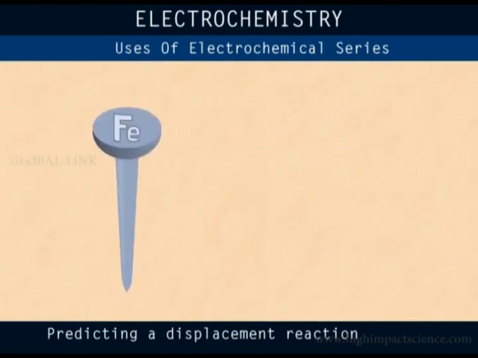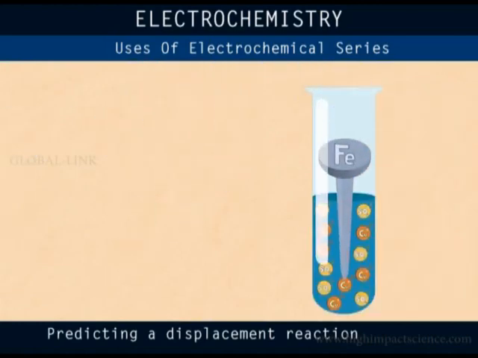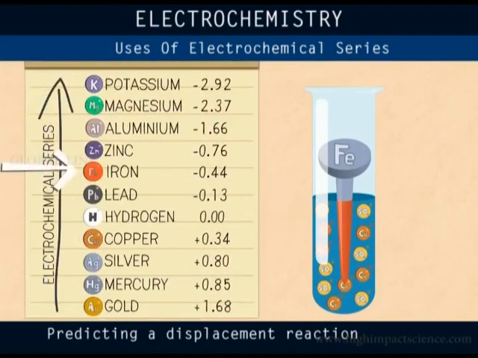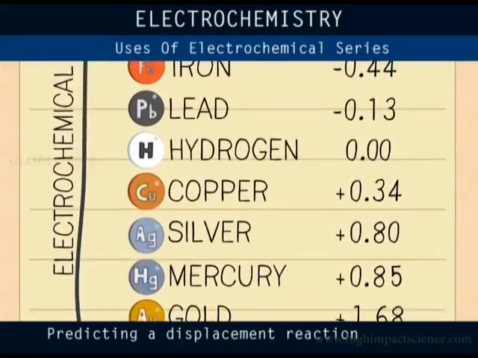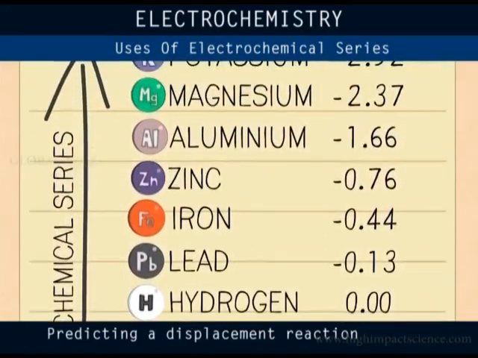We saw that when an iron nail is placed in a solution of copper-2 sulfate, a copper coating is observed. The higher metal in the electrochemical series is the one that always displaces the ions of the lower down metals. Metals lower down in the series cannot displace more reactive metals from their solutions.